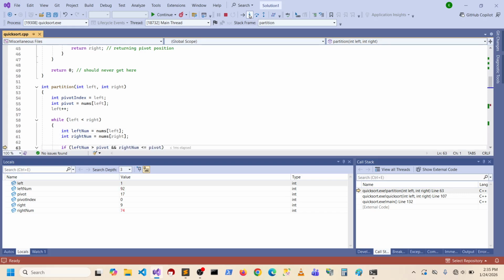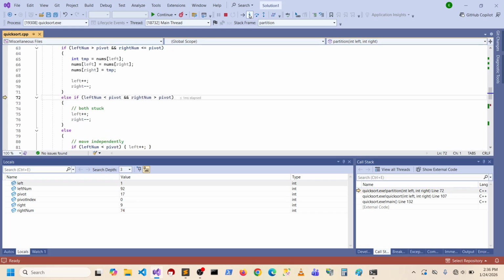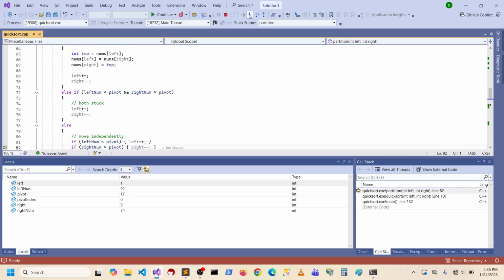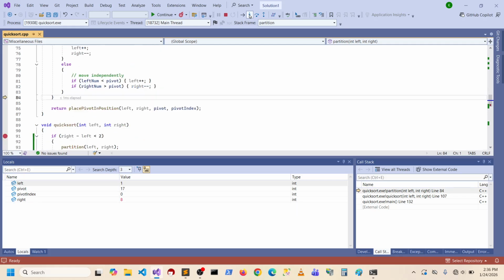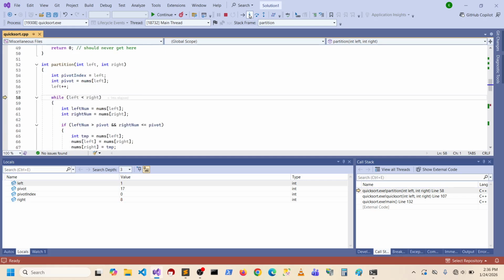92 and 74. So the left needs to swap. 17. So this is where it's equal to. So right num is less than or equal.